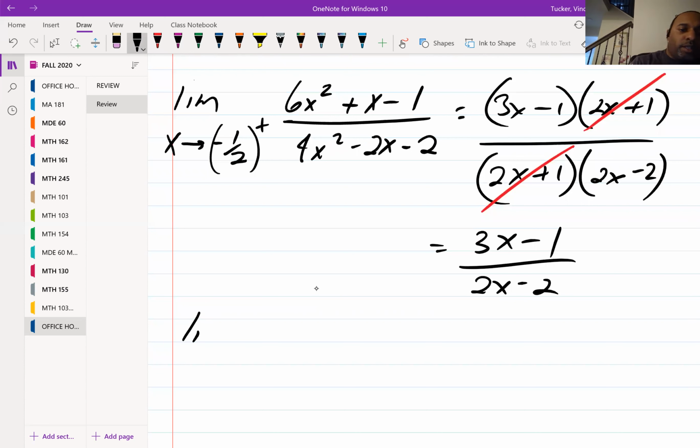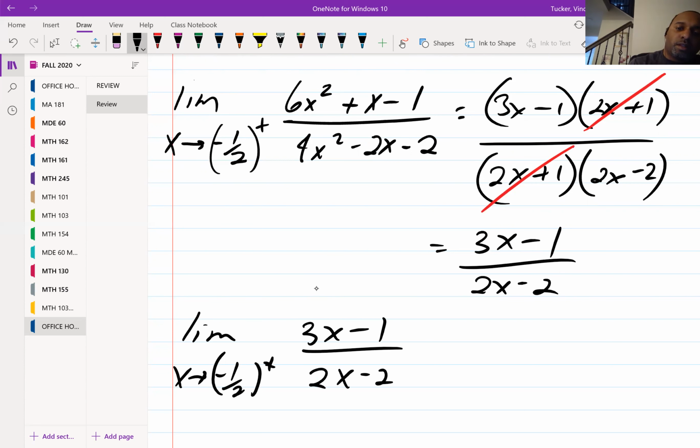All right, so now we're looking at the limit as x goes to -1/2 coming from the right side. Plug in the -1/2.